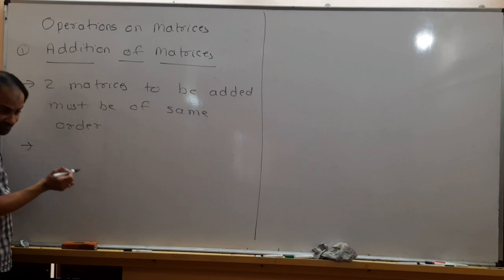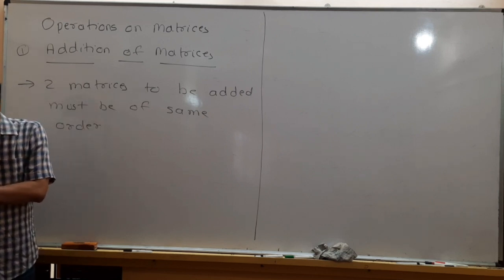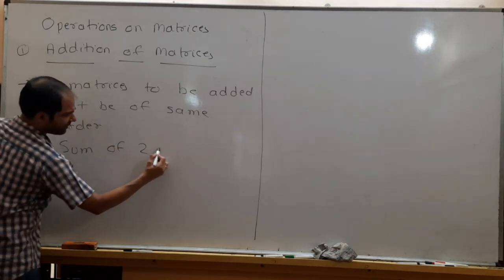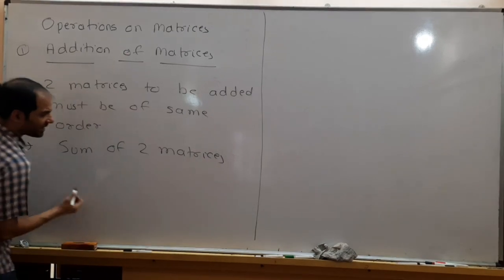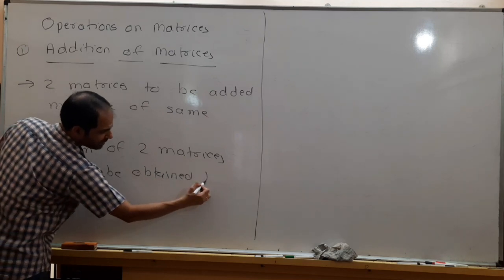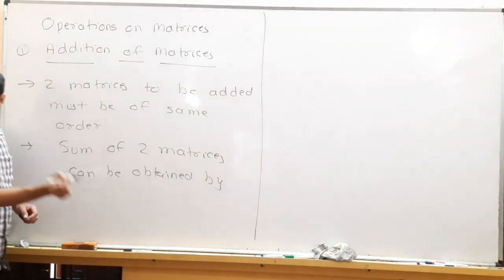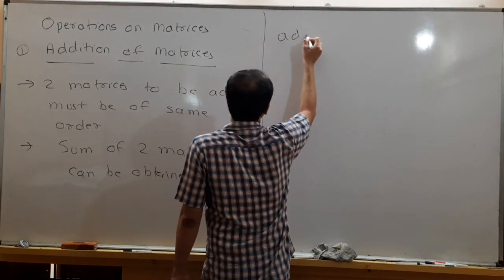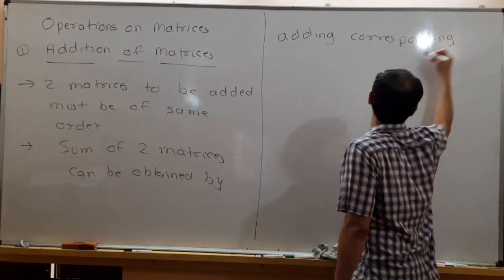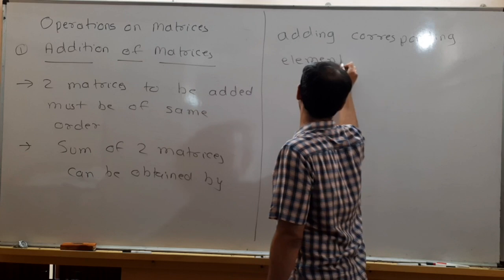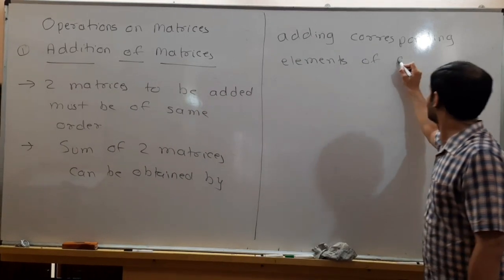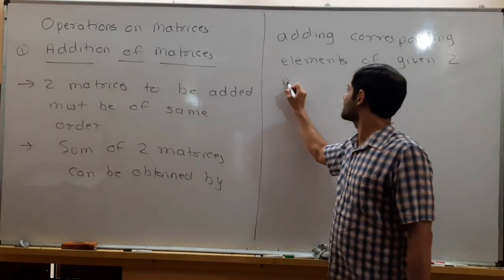And the second point is that the sum of two matrices can be obtained by adding corresponding elements of the given two matrices of the same order.